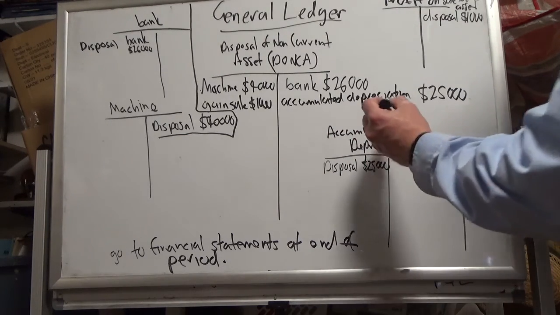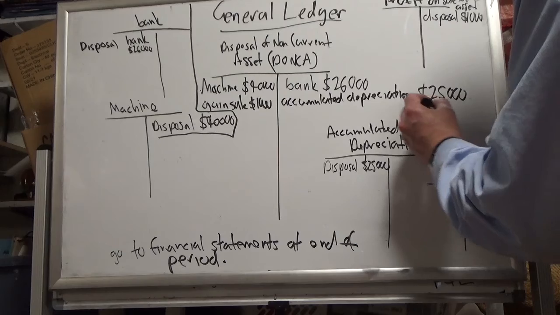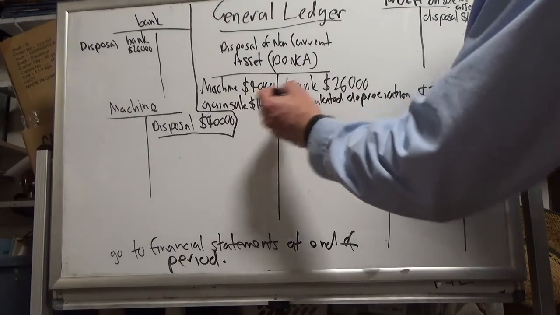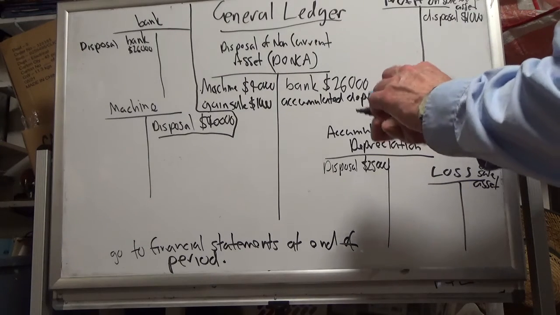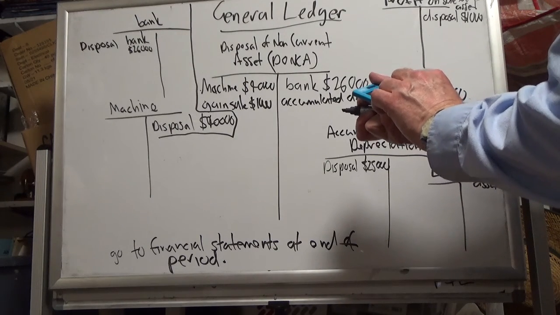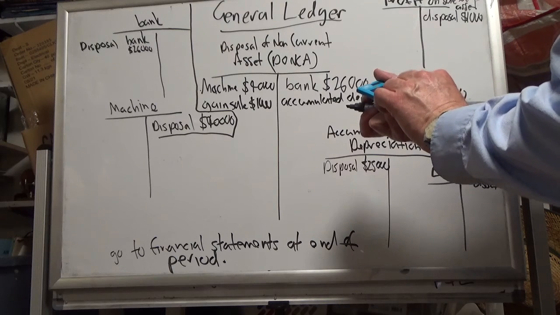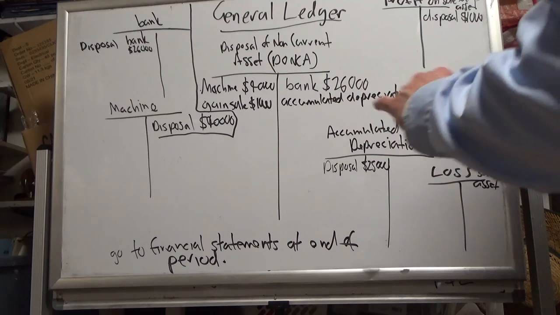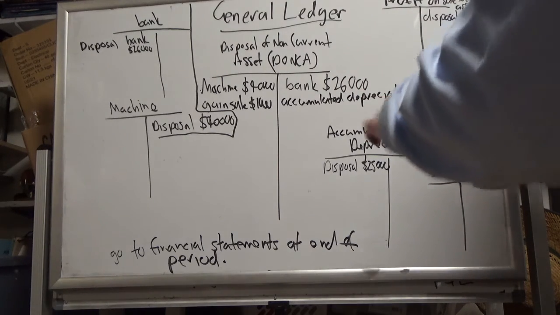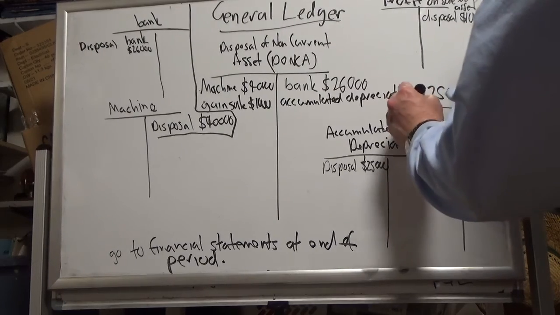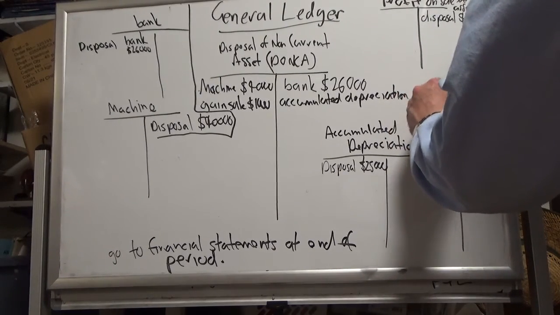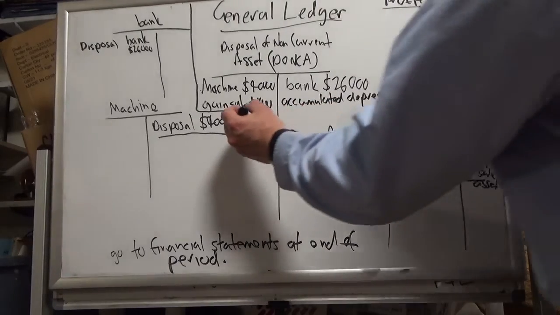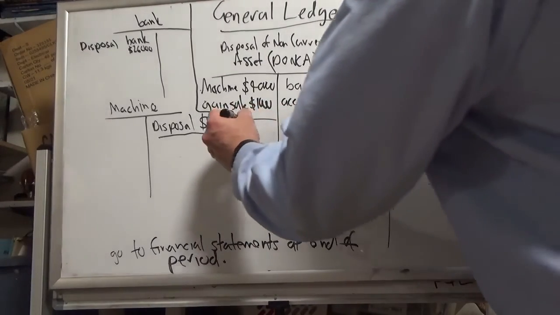We would just close off that by adding up both sides. So this is how you close off an account. 26,000 plus 25,000. That's 51,000. Then you add up your debits, 5,000.